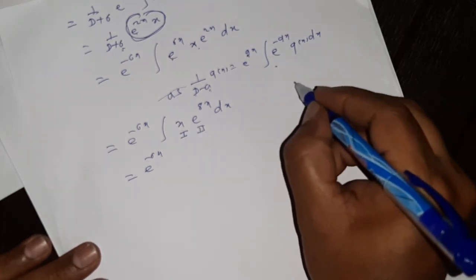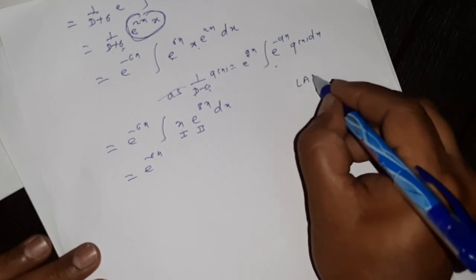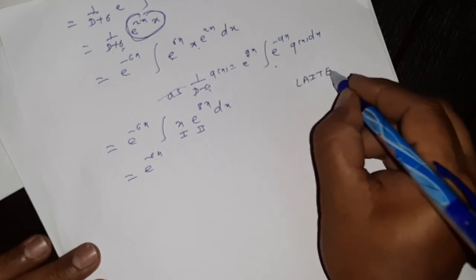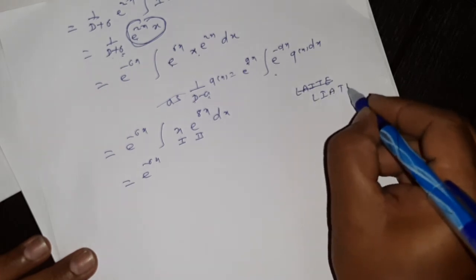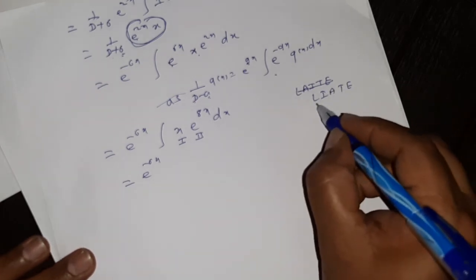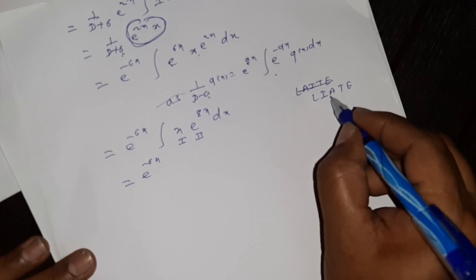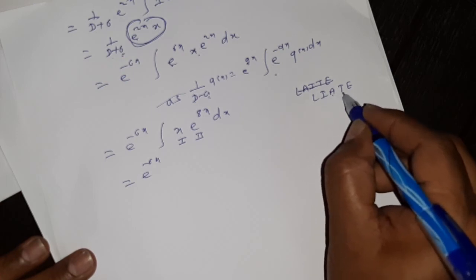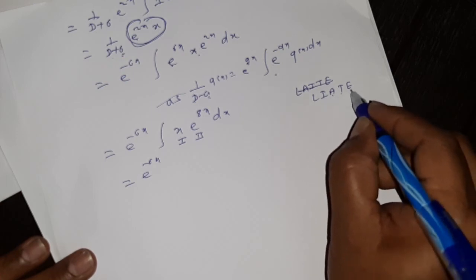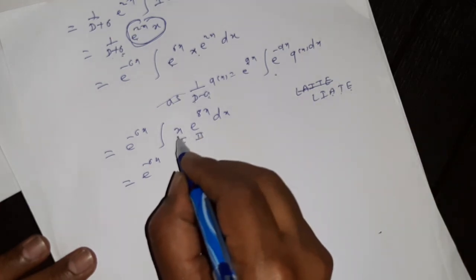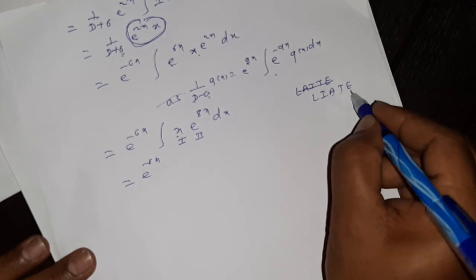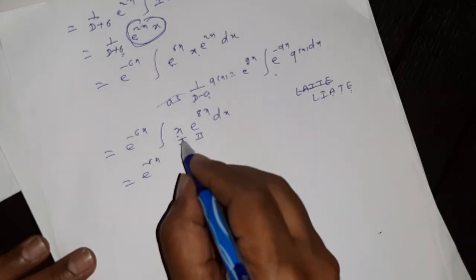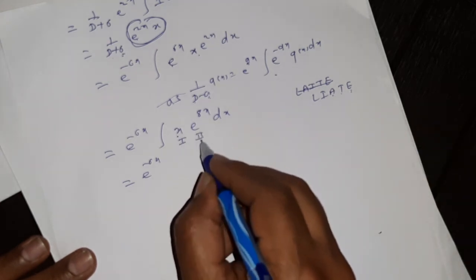What is the rule? LIATE: logarithmic function, inverse function, algebraic function, trigonometric functions, and exponential function. This x is the algebraic function and e raised to 8x is the exponential function. So first one is x, e raised to 8x is second.